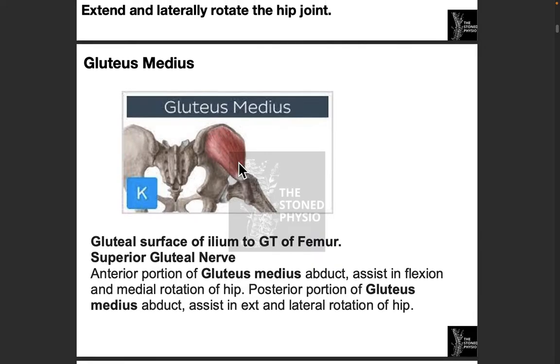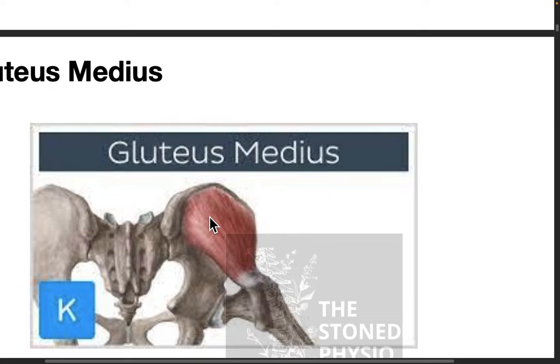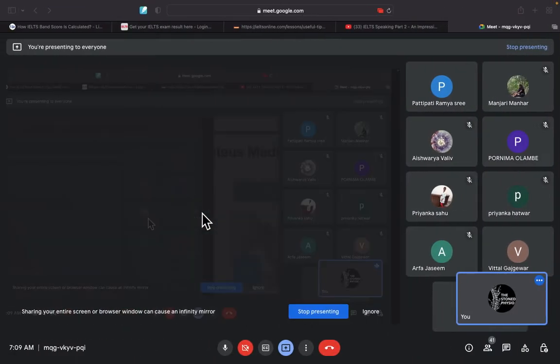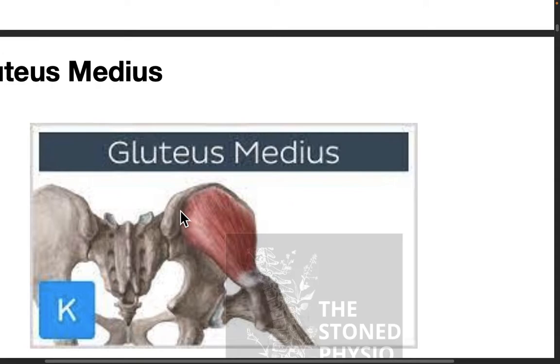Can anyone tell me where on the ilium we have the attachment of the gluteus medius and the gluteus minimus? Which surface of the ilium? We talked about three surfaces. It is the gluteal surface. On the lateral side we have the gluteal surface of the ilium.